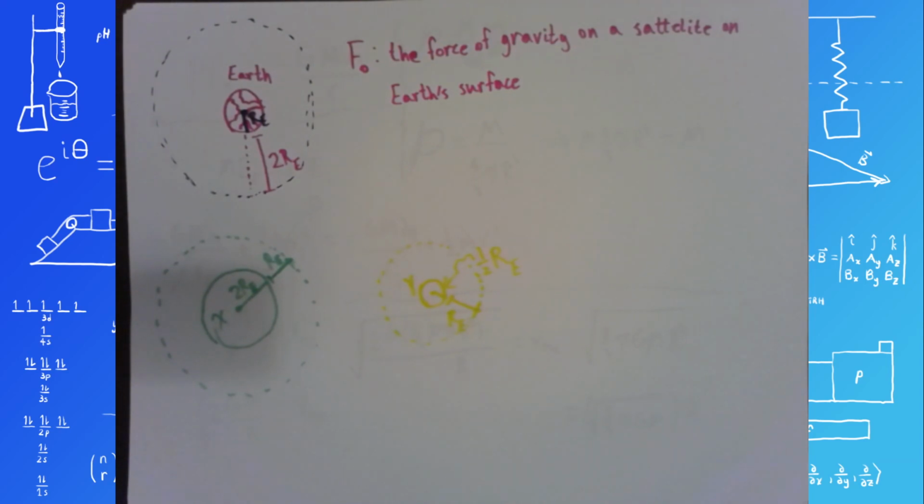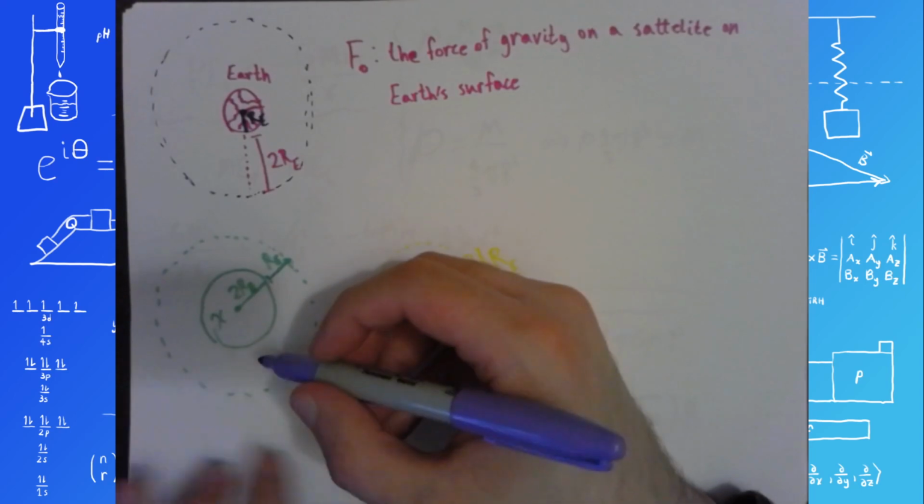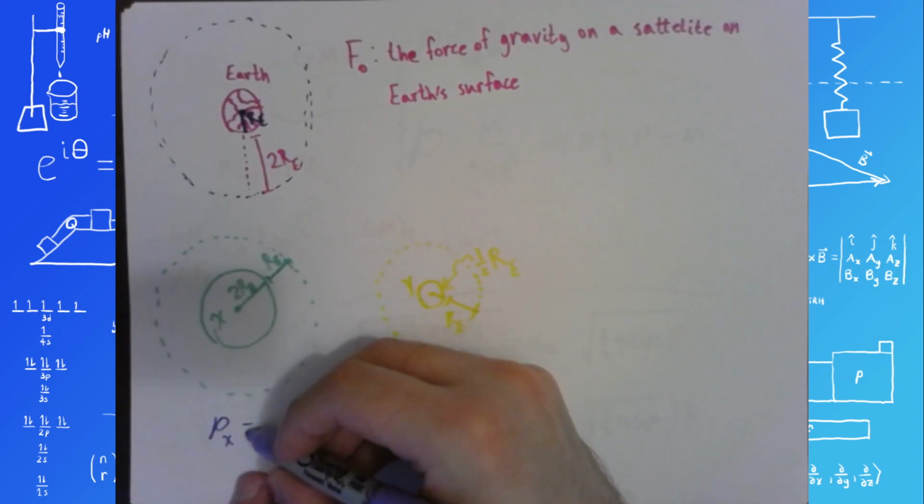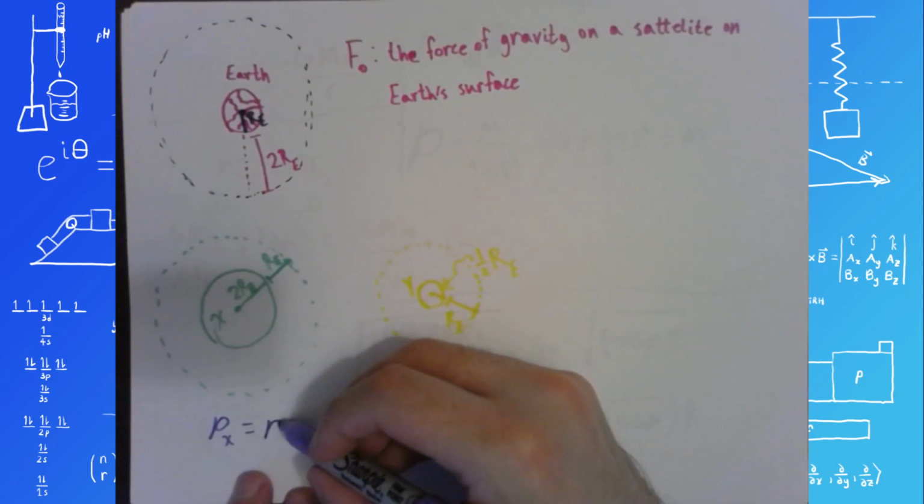So, actually, let me do this ahead of time. So, planet X, I'm going to say density of planet X is equal to density of Earth.